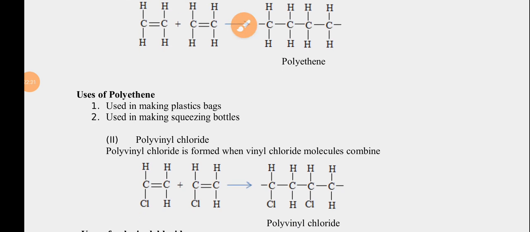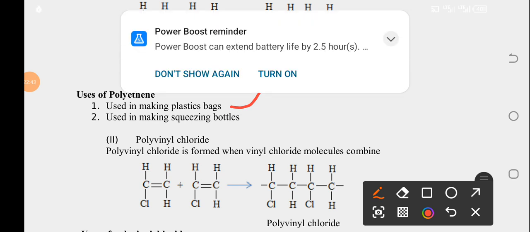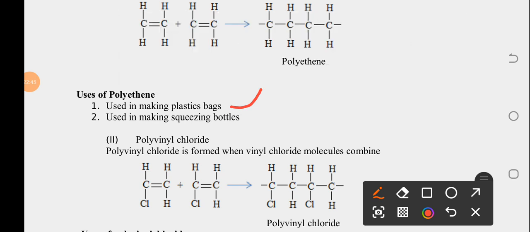Okay, let's go to the uses of polyethylene. So in talk of polyethylene, number 1, we are saying it is used in making what? Plastic bags. So polyethylene is used in making plastic bags. If you observe most of the plastic bags, polyethylene is written there. Then it is also used in making what?